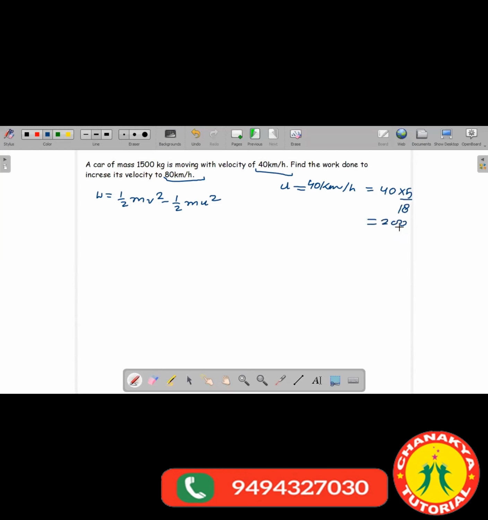So you get 200 by 18, which is 100 by 9. Similarly, convert 80 kilometer per hour. 80 kilometer per hour would be equal to 80 multiplied by 5 by 18. So again, it would come out to be 200 by 9 meter per second.